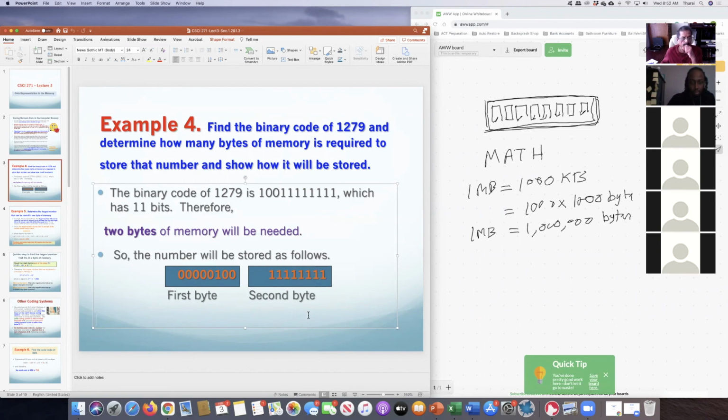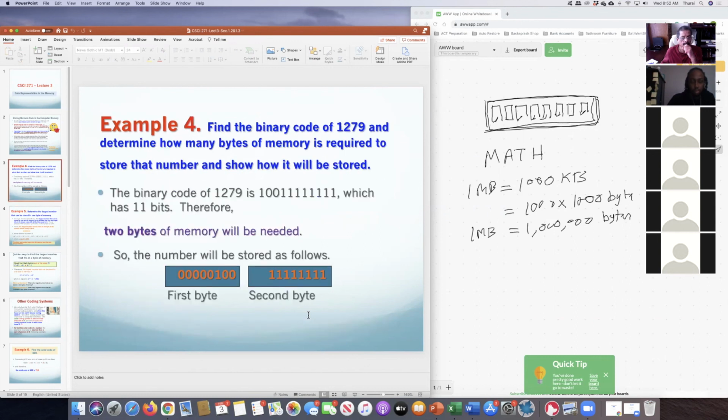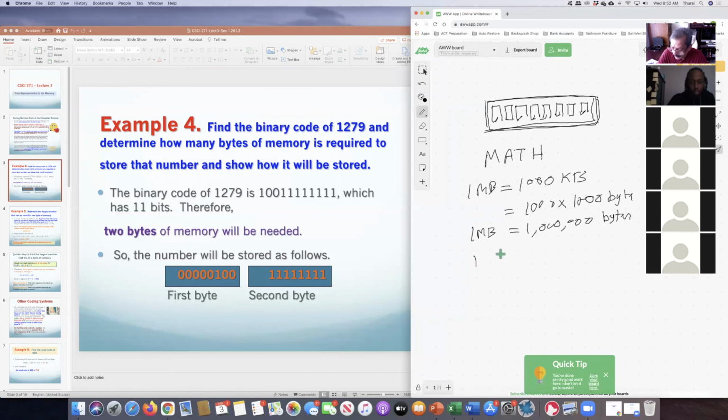Okay, so let's now think about this 2 byte memory. If I allocate 2 bytes of memory for my number, then this number 1279 has these ones and zeros shown in this picture.